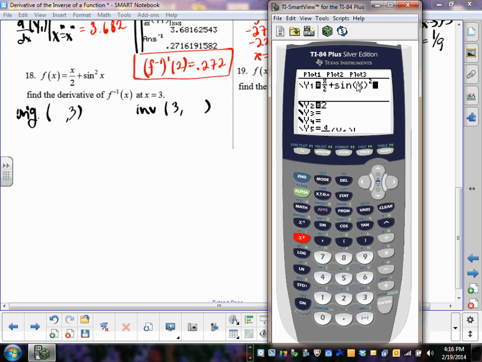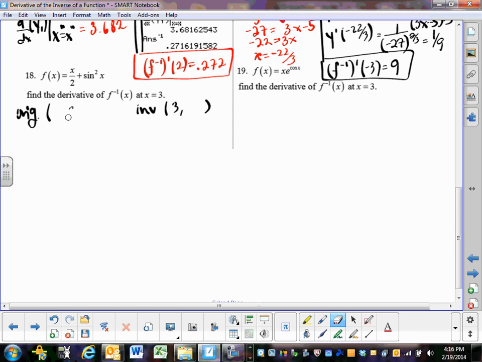So if I do the derivative, do a different color, y prime is 1/3 3x minus 5. Make some space, guys. So the inverse point is negative 3 and negative 22 over 3. The original is negative 22 over 3 comma 3.